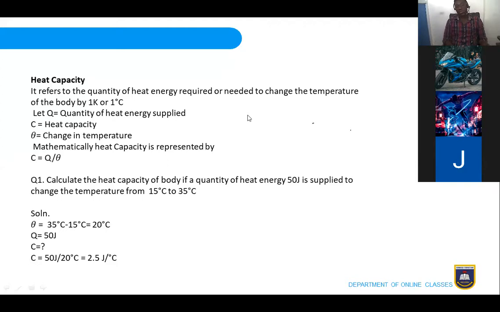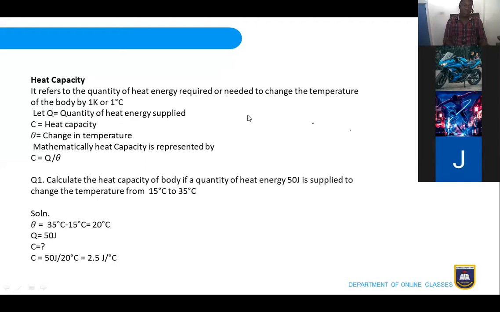So what you are going to do is input these figures into your general formula, which is at the top before question 1. You input everything over there. You are going to get C to be 50 joules over 20 degrees Celsius.